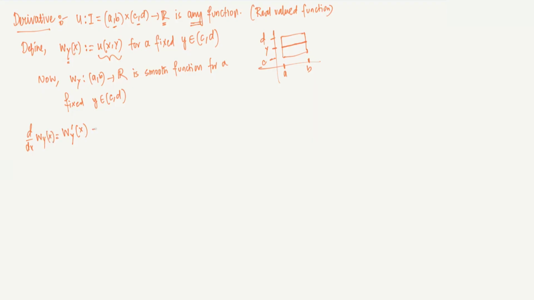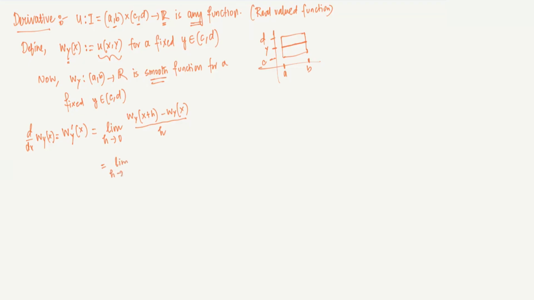Now what does that mean? It means that we are talking about the limit as h tends to 0 of w y of x plus h minus w y of x, divided by h. We can talk about this. Of course, the limit exists in this case, since we are assuming it is a smooth function. You do not have to assume it, but for now, let's just assume it, just to understand what's going on.